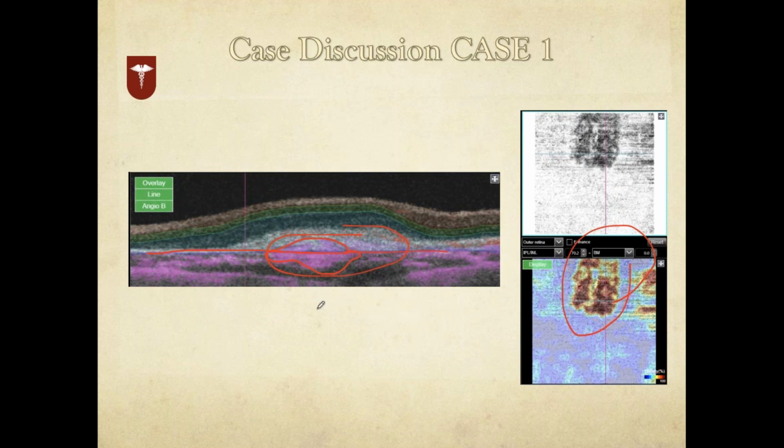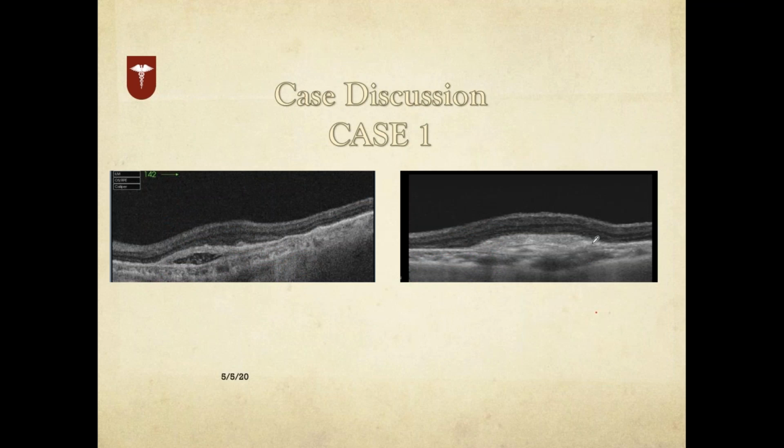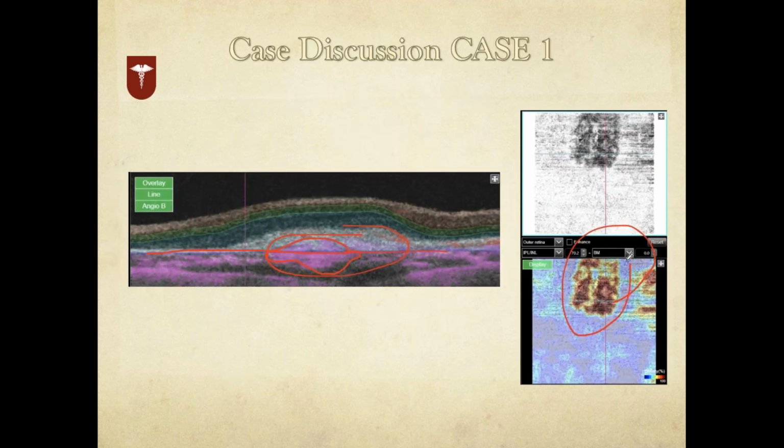So although after the initial 2 injections you get a flat retina and you say stop treatment, when you do an angio, you find that the lesion is still active. If you had actually stopped the medication, you would be making a wrong decision. So this is how OCT angio can further aid in diagnosing and treating your cases.